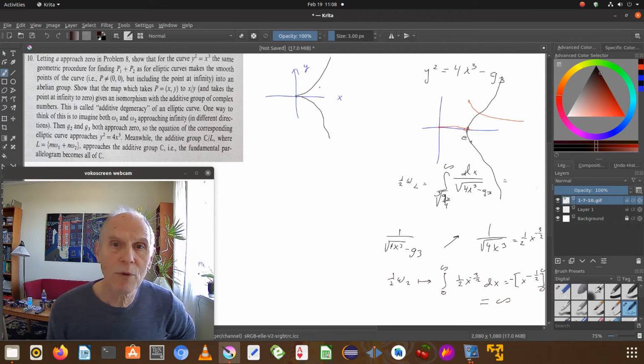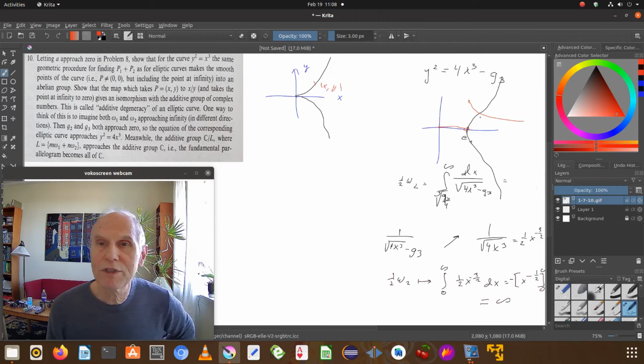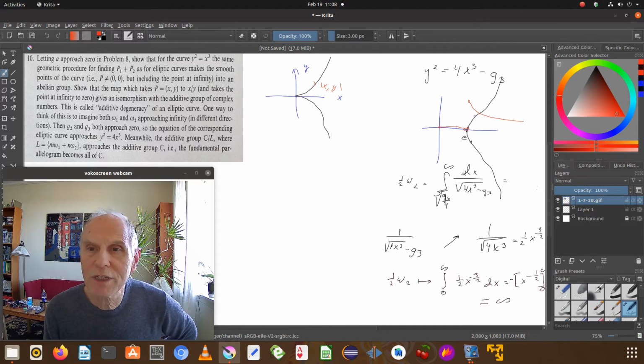So given a point here, I want to define a function on this curve so that it approaches. And we can do that for small enough e1s just by choosing the same x value. So we wait until e1 becomes less than x, and then we just take the x value here.